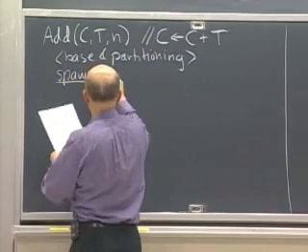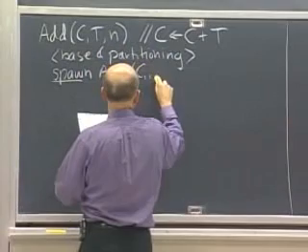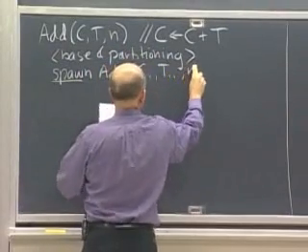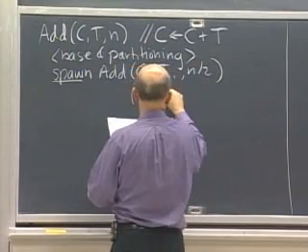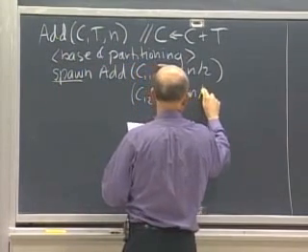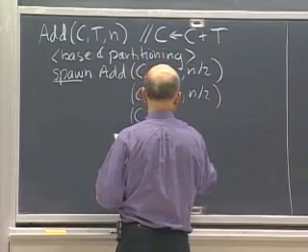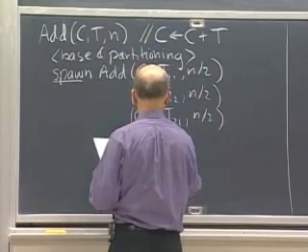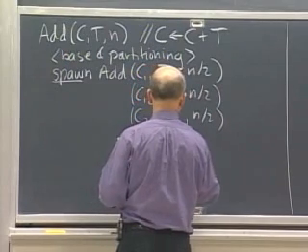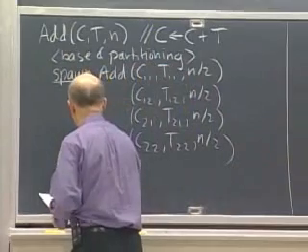We just spawn add of C11, T11, n over 2, C12, T12, n over 2, C21, T21, n over 2, C22, T22, n over 2, and then sync.